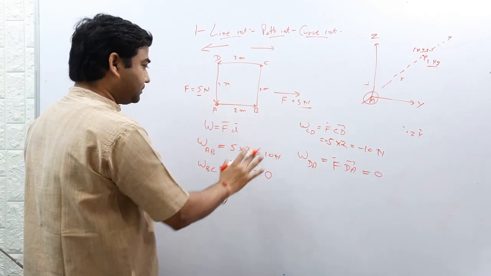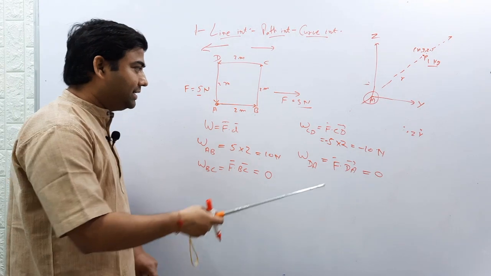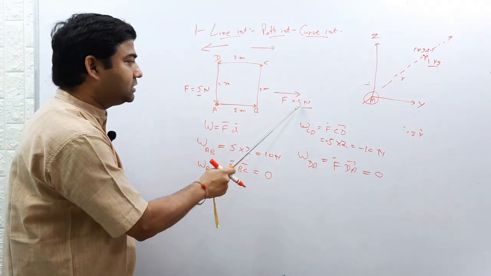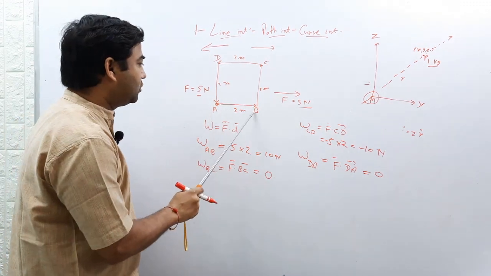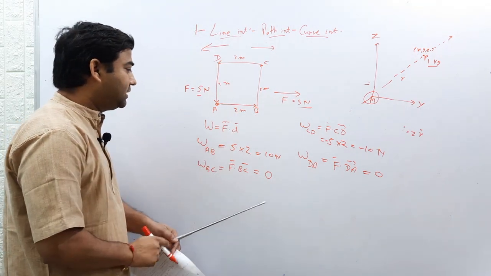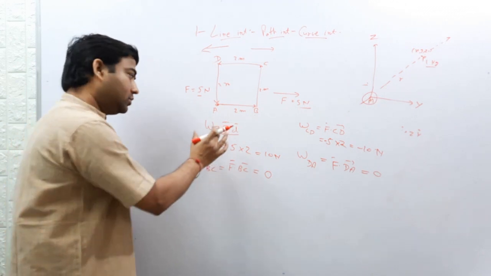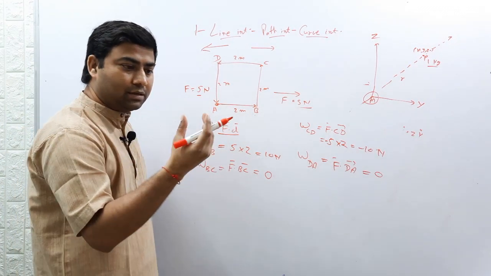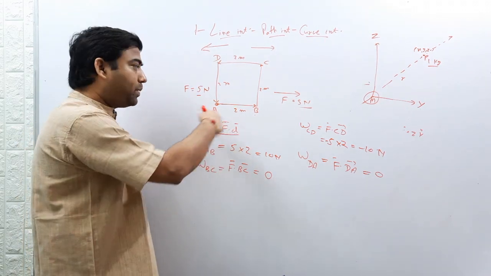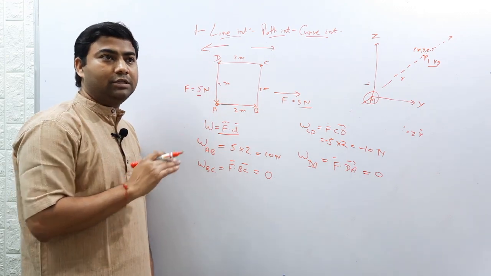So here you can see this is line integration. You can also say this is a line integration, but here we need not carry out an integration operation because the force is fixed and this small length AB is fixed. Hence we can directly use the formula F dot d. Line integration is nothing but addition of dot products when force or path is changing, when force is variable or the path is a curve instead of a straight line.